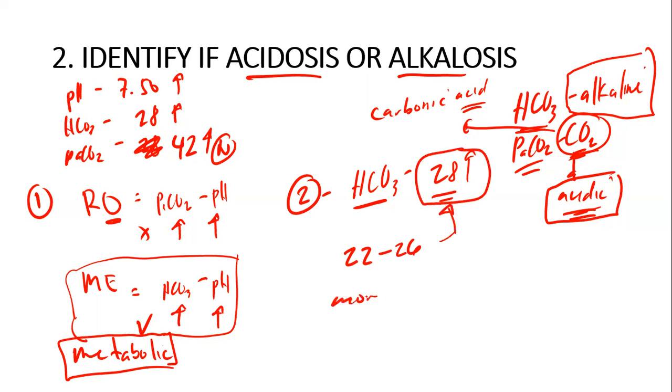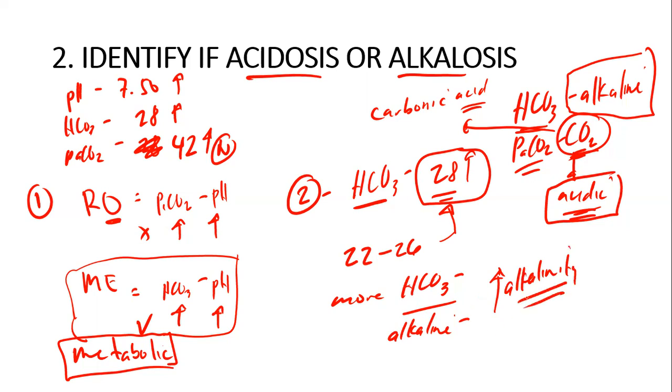Therefore, I have more bicarb, so my bicarb is alkaline. So what is the result? It means that I have increased alkalinity in the blood. So it's alkalosis. All right? Alkalosis.